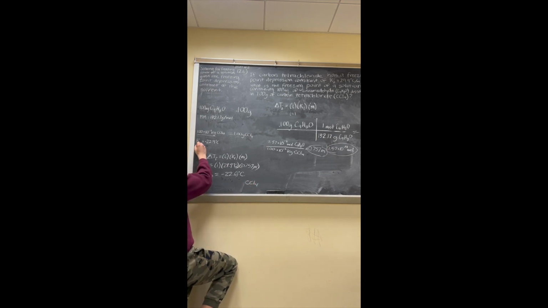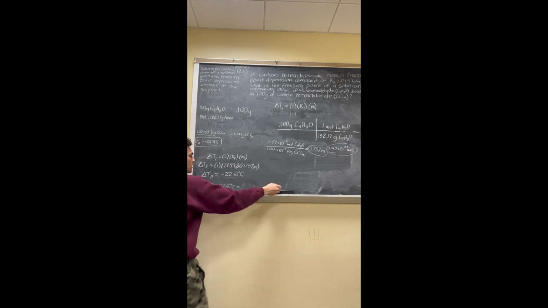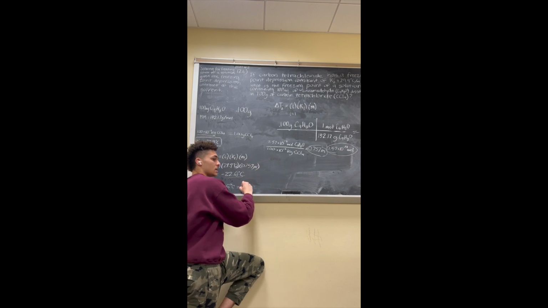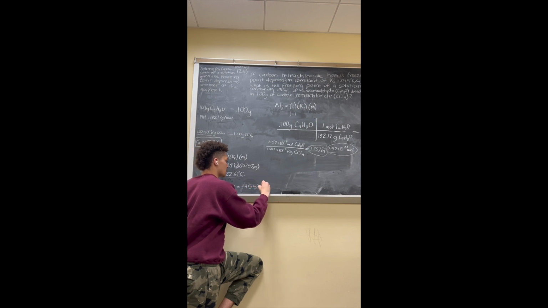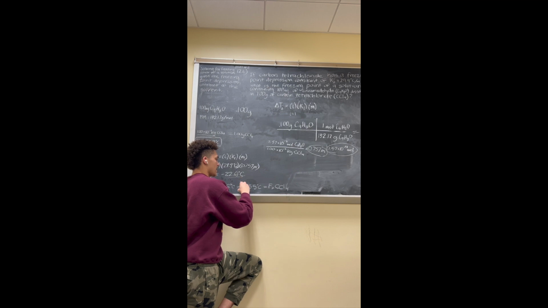This freezing point you can just look up, and it is negative 22.9 degrees Celsius minus, because it's a change, minus 22.6 degrees Celsius would then give us the freezing point of the carbon tetrachloride solution, which would be negative 45.5 degrees Celsius. And that is your final answer.